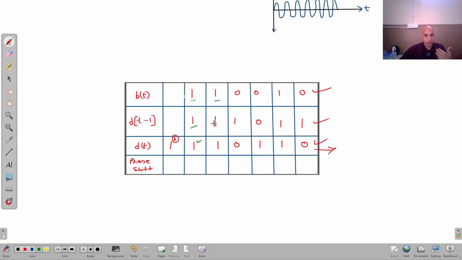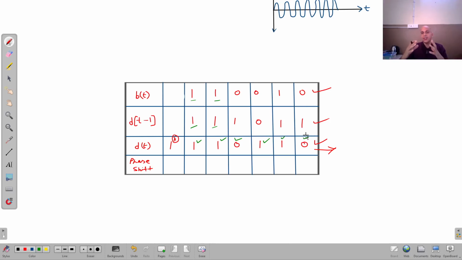But when there is a transition, the previously transmitted bit was 1 and the incoming bit is 0, so it is represented as 0. Again, no transition 1, no transition 1, transition 0.